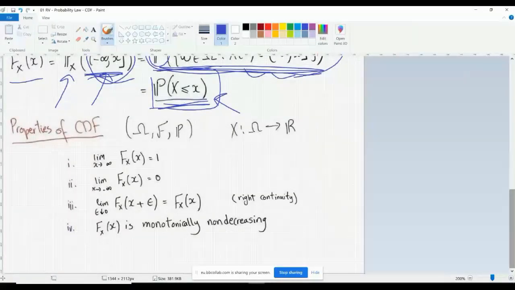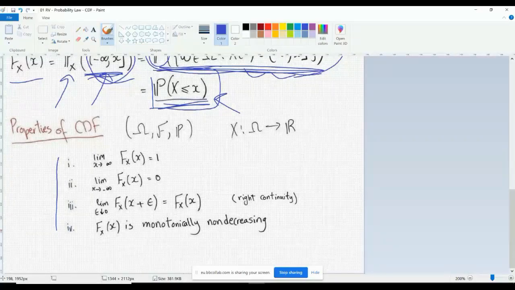So there are 4 properties for any CDF, and if you give me a function with those 4 properties satisfied, then this is the CDF of some random variable. Now I will mention those properties without proofs, and the proofs are typically done using continuity of probability. So what are those properties?